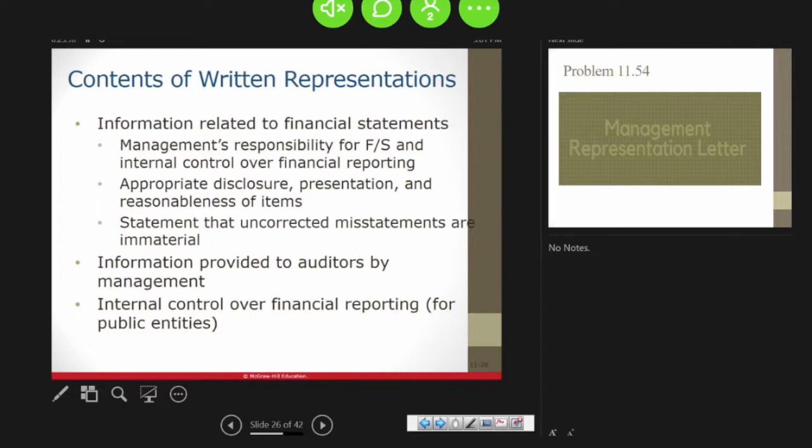Also, it talks about representations related to the disclosures and the amounts of information provided in the financial statements.